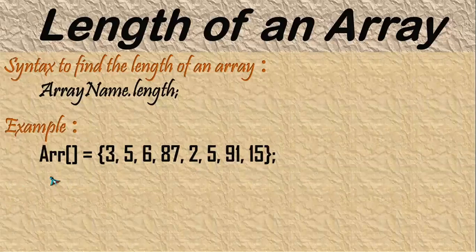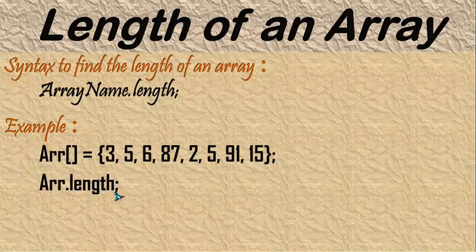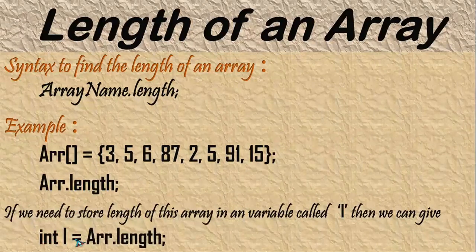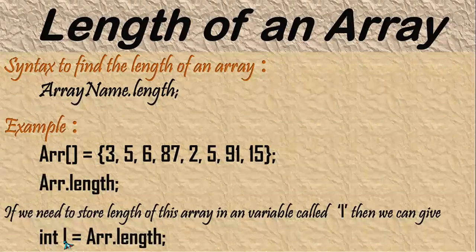To find the length of this, we can write arr dot length and then we terminate. If we wanted to store this length in a variable, then we can initialize the variable int L is equal to, because the length is an integer, arr dot length. So automatically length of that array will be stored in variable called L. Here in the example we have 8 elements. So L will be 8.